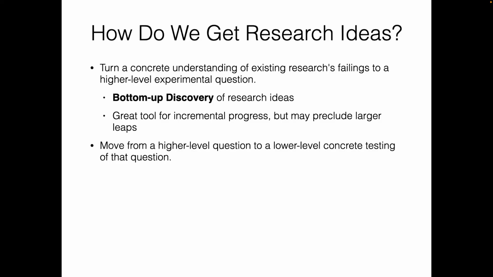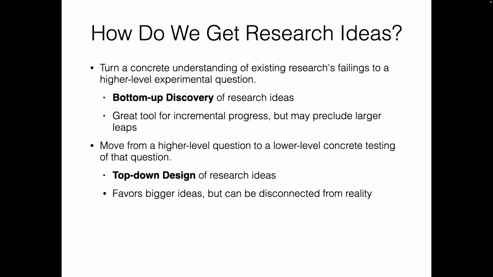So the other would be top-down. And a good example of this is deep learning. So at the time, the best performing systems on different applications were not based on deep learning. But the people researching deep learning had some sense that if they kept putting effort into it, it was ultimately going to pay off.